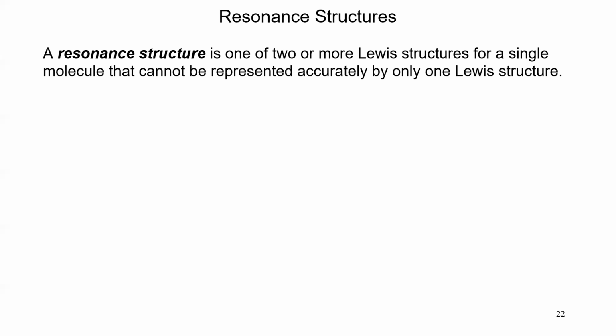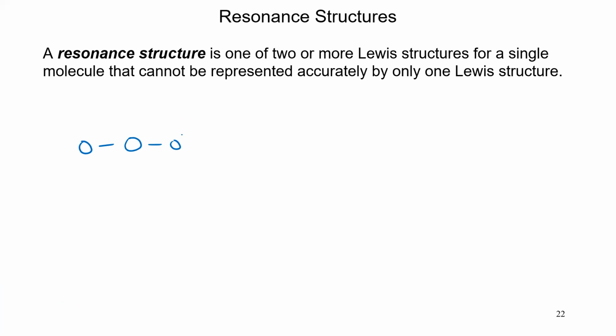Maybe they're on different atoms, but it's still a plausible formal charge distribution, and there's no good way for us to tell whether it should be A or B. I'm going to go back to the ozone one that we drew earlier.